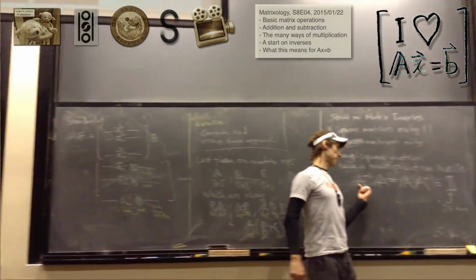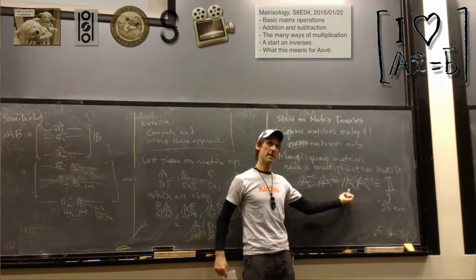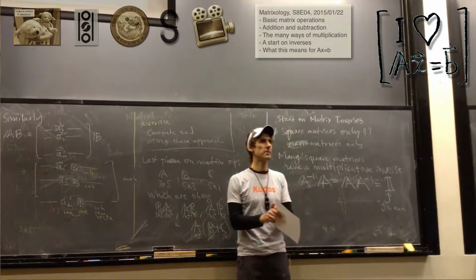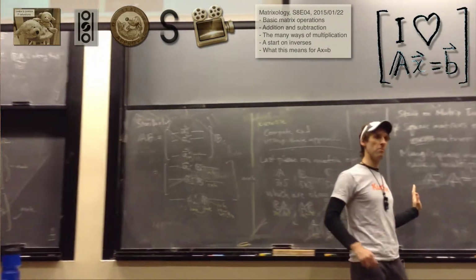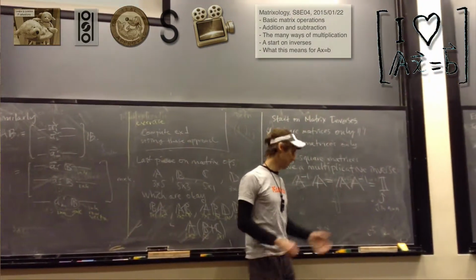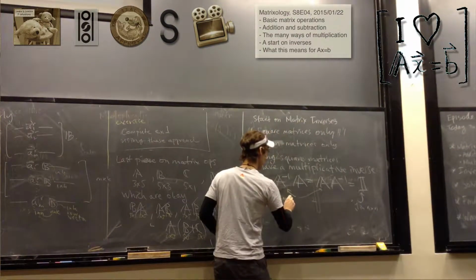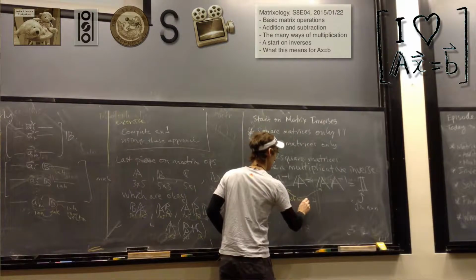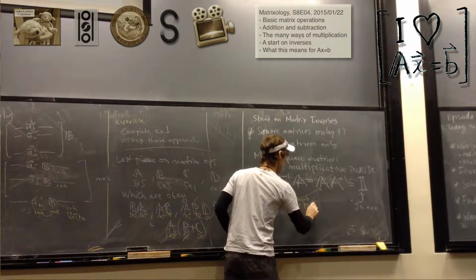So the inverse can pre-multiply or post-multiply A, and it gives you the identity. You can have very sneaky, weird matrices that only work on one side, but that's not right. It must work pre or post multiplying.